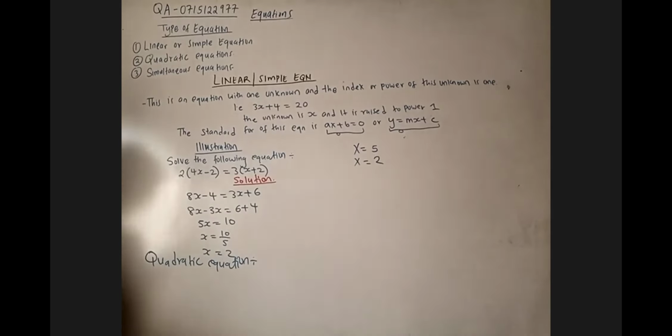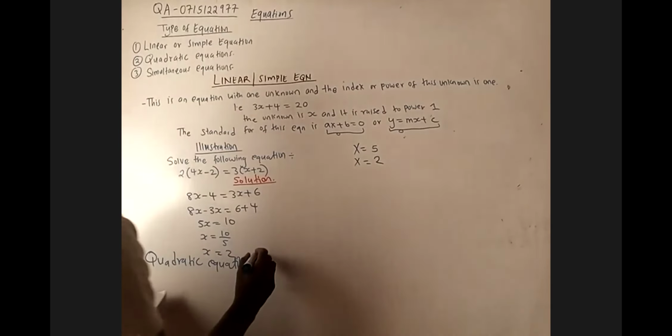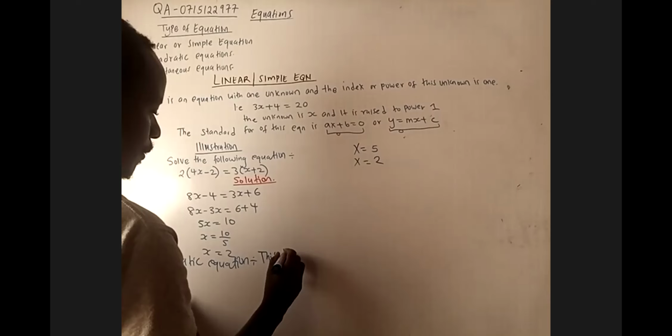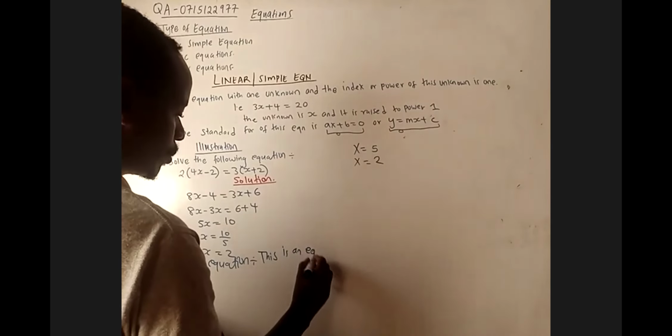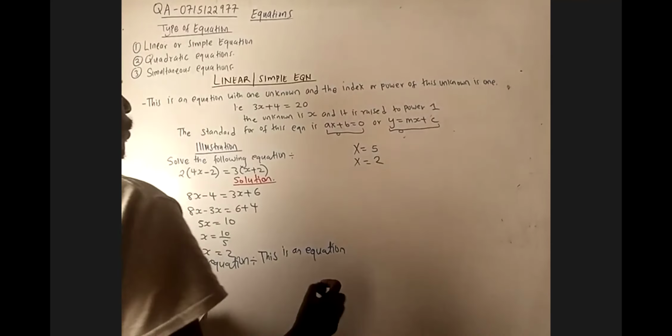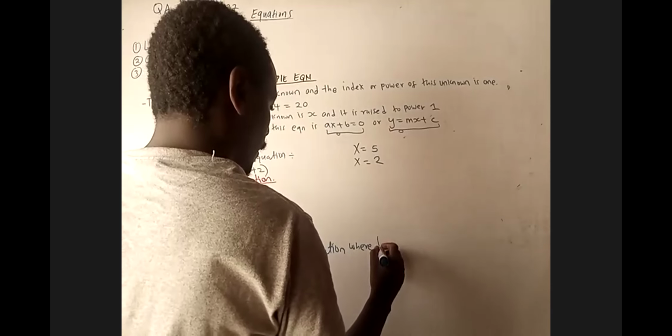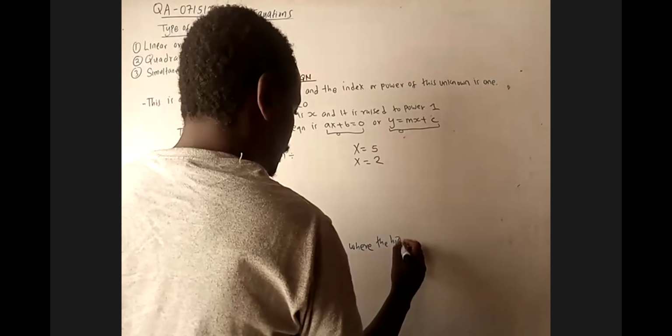So what is a quadratic equation? We say when the highest index of an unknown is 2, then the equation is called quadratic.